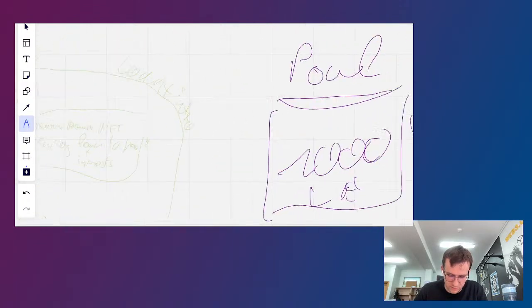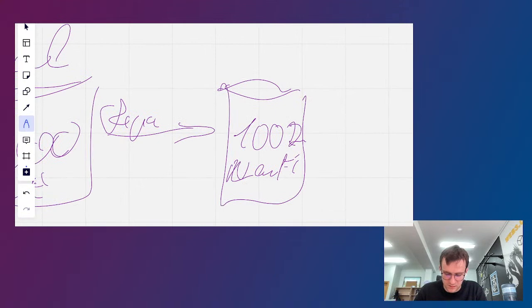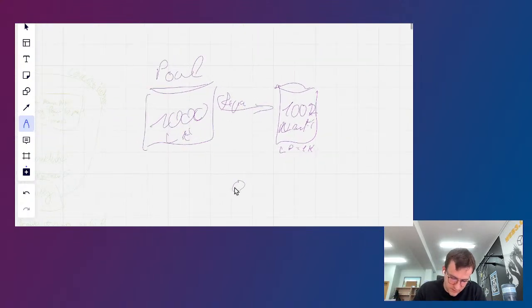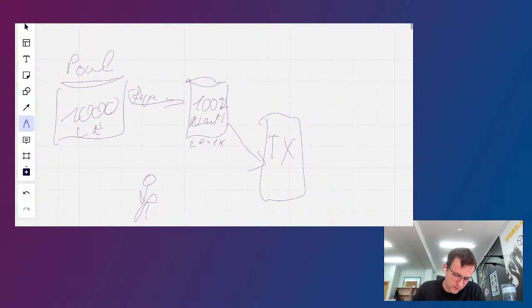Right now, when the pool has more Lenfi tokens, but the LP token supply is the same 1,000, the same person can create a transaction where they are withdrawing the funds from the pool, and they are withdrawing the same 1% of the funds, which is not anymore the 10 Lenfi, but it is 10.02 Lenfi tokens.